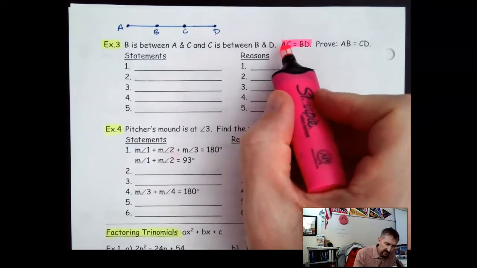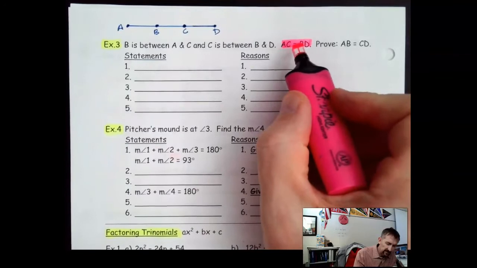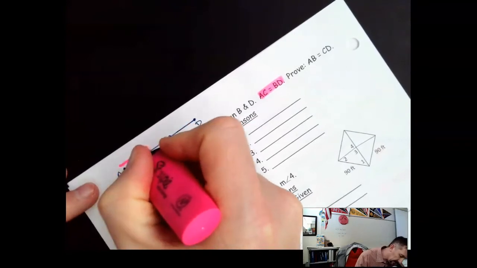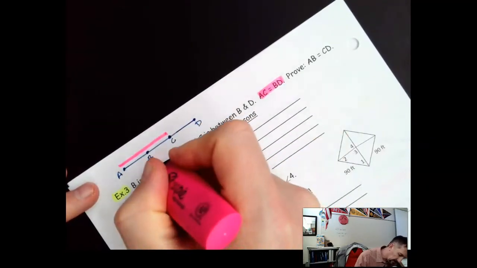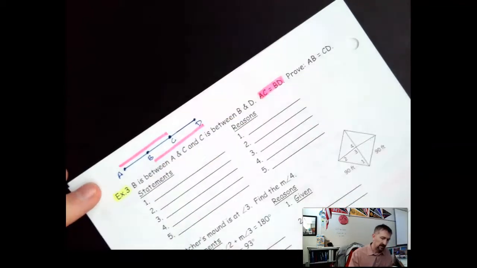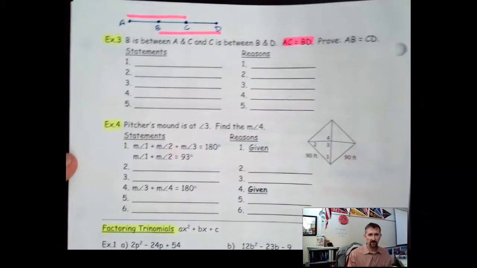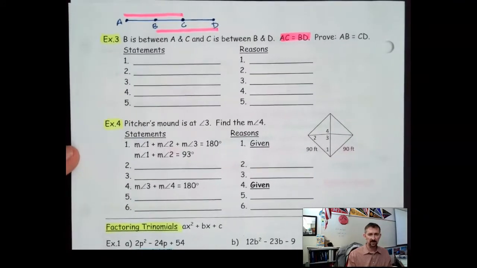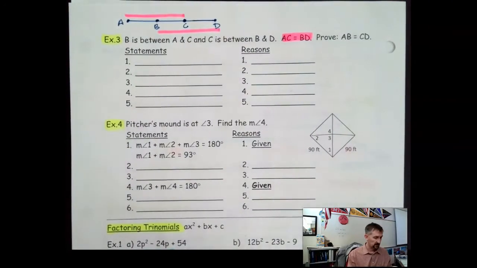So it's saying the length from A to C is equal to the length from B to D. AC is right there, and BD is right there. Now they may not look equal in your drawing because you just did a sketch and you didn't know the sizes of stuff necessarily.